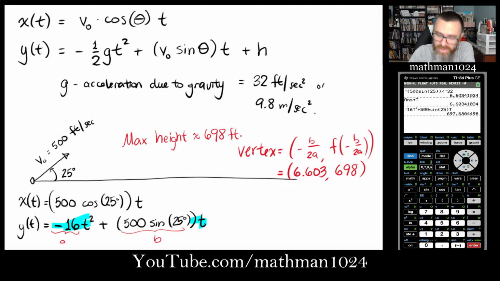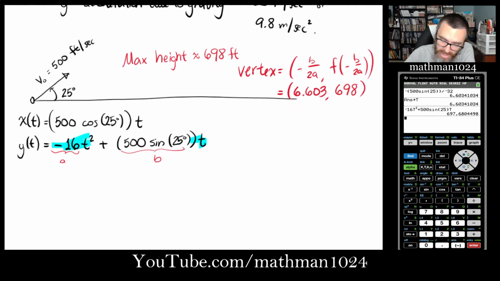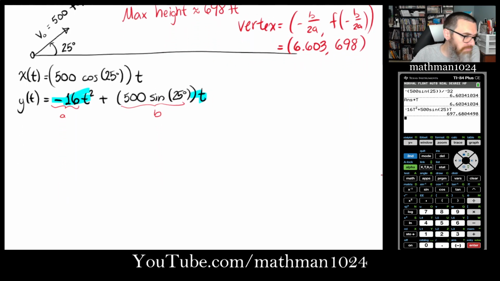The other part of this question is asking, when will the cannonball hit the ground, right? So the way that we can do this is we have to figure out the t value for where we hit the ground. Once I know that t value, I can plug it in here for the t and evaluate what that x value is going to be.